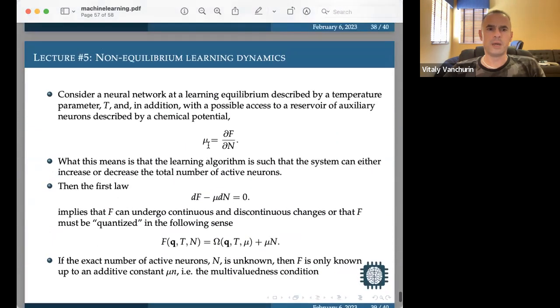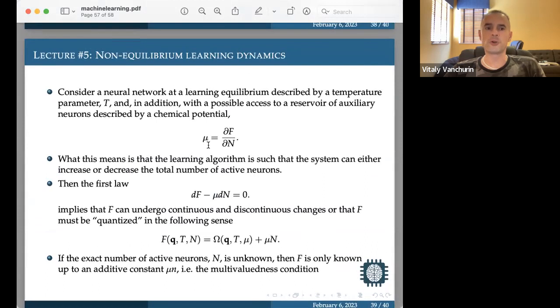There are at least three or four more lectures where we'll explore all those different limits and the benefits of all those algorithms to the learning dynamics. But I think the general outline of how we would be treating non-equilibrium dynamics of trainable variables is now completed.